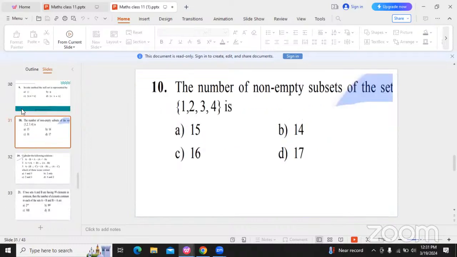Yes, next question. The number of non-empty subsets of the set 1, 2, 3, 4 is what? Option A, non-empty subsets.